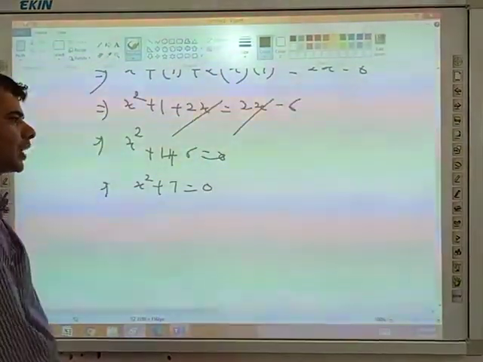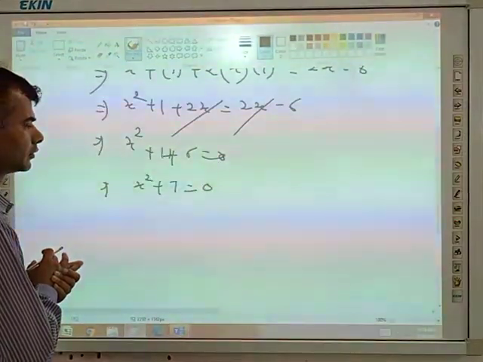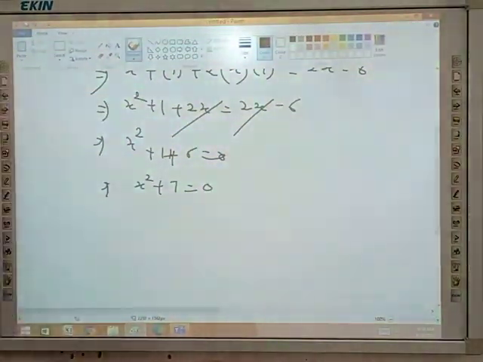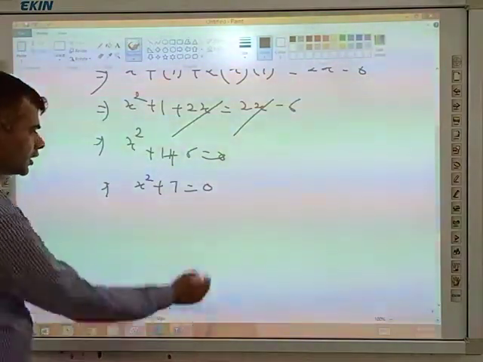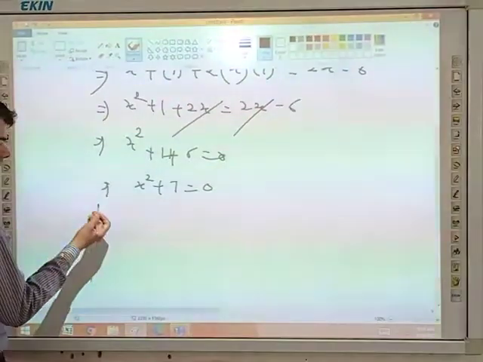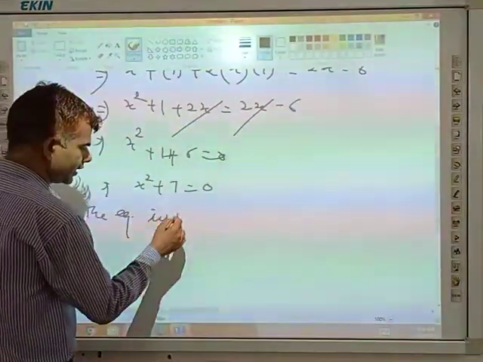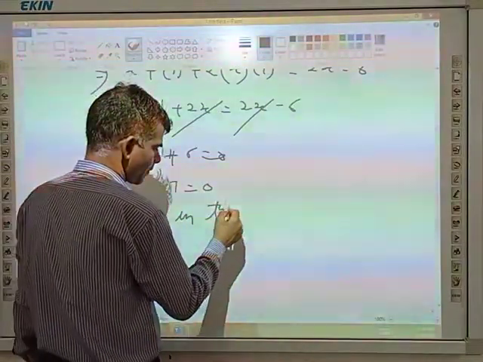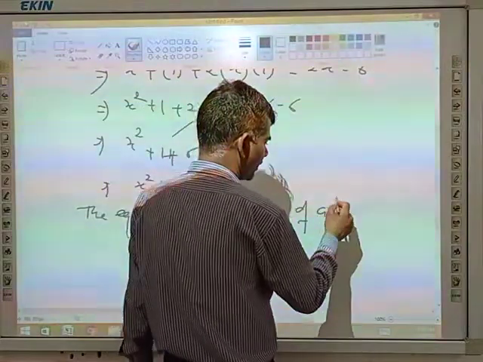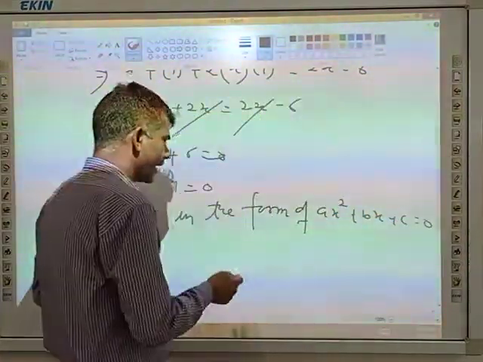Student, solution: x square plus 7 is equal to 0. Why? Because the equation is in the form of ax square plus bx plus c equal to 0.